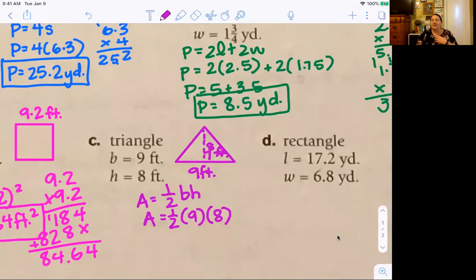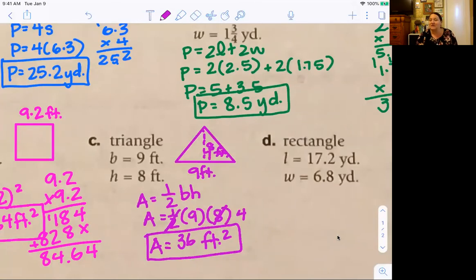Now I feel like it's easier to do half of 8 and then times that by 9. So what is half of 8? Half of 8 is 4. And 4 times 9 is 36. So area equals 36 square feet. Now you could have done 9 times 8, which is 72, and taken half of that, which is also 36. Same answer.